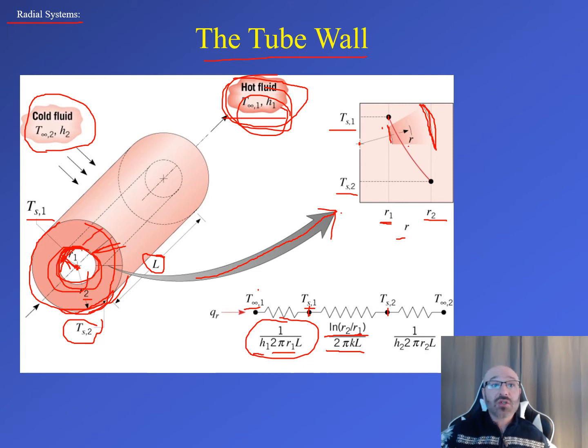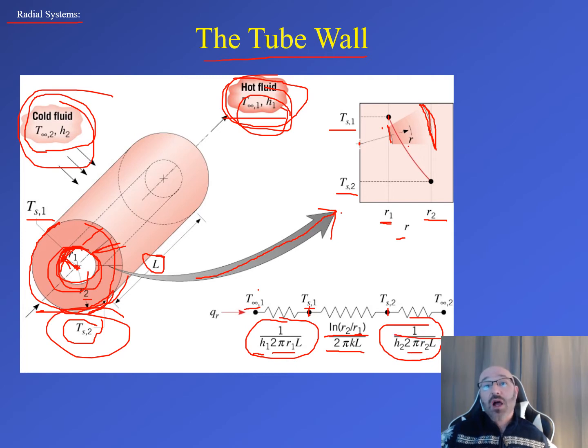Then we get to the outer surface of the wall, TS2, which interacts with our cold fluid, which has T infinity 2 and H2. So again we have convection occurring, and this is 1 over H2 times 2 pi R2 L.